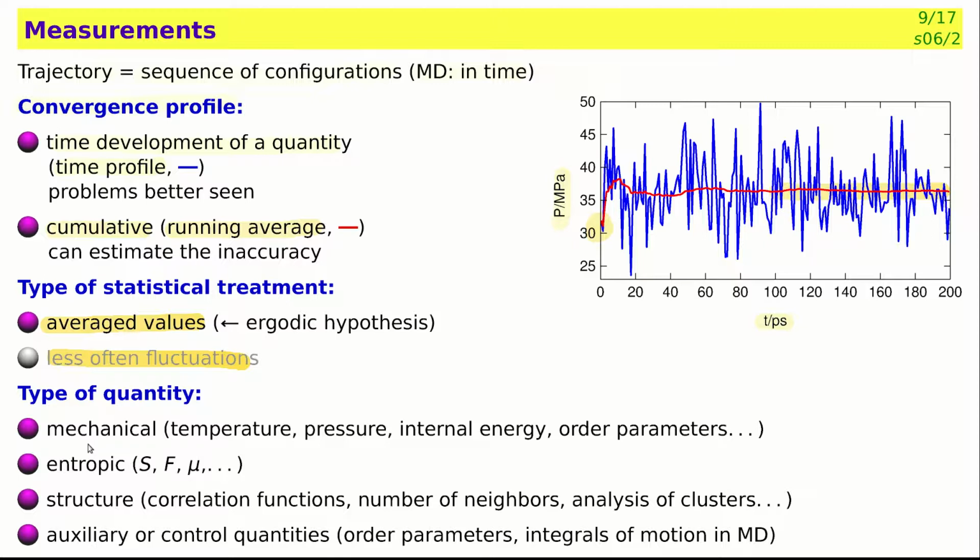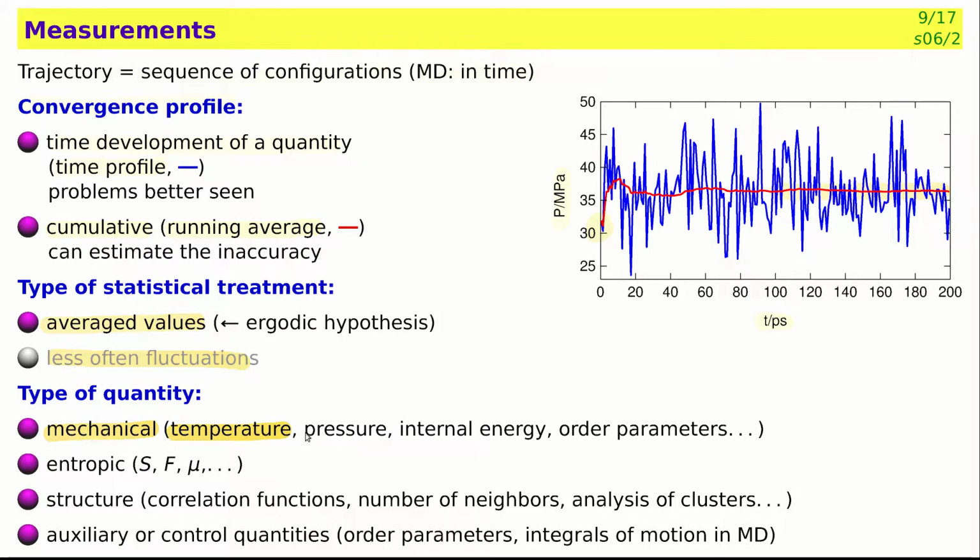There are several types of quantities that we have, and it's useful to distinguish them by their properties. First, we have, let us say, mechanical properties. These are quantities that can be directly calculated from the configuration, that is, from particle positions and velocities. From velocities, you know that temperature is calculated.